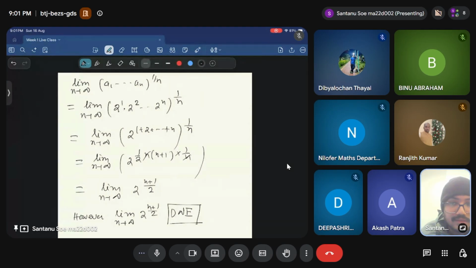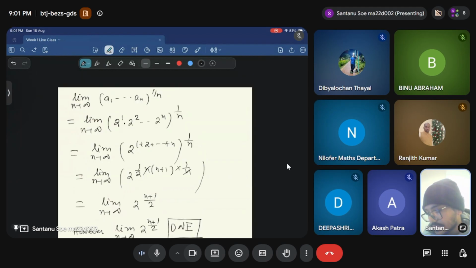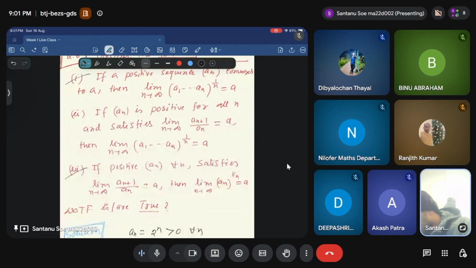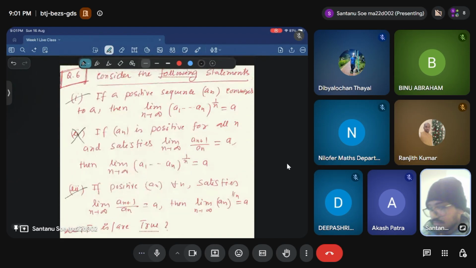But according to the statement, it should have been 2. The limit should have been 2. This is what was given in the statement. So that means this option is false. This is not true. Because if this was true, this should have been 2. So this option is false. So first and third are the only two options.